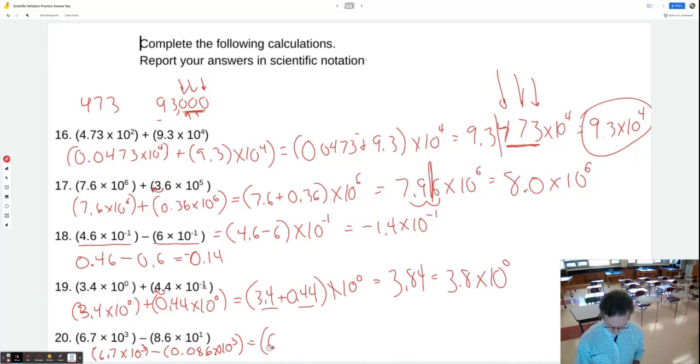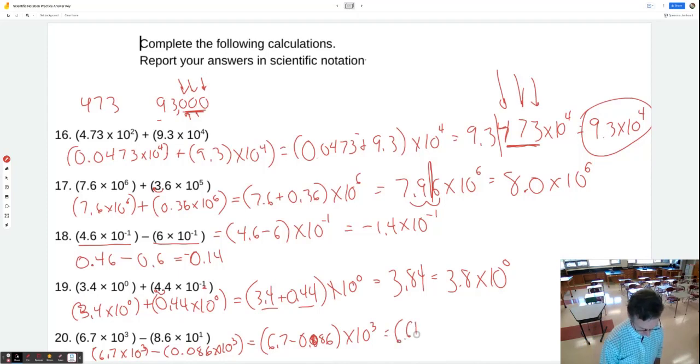And we've got 6.7 minus 0.86 times 10 to the third. That equals 6.614. I have to round to 2 digits. So 6.6 times 10 to the third.